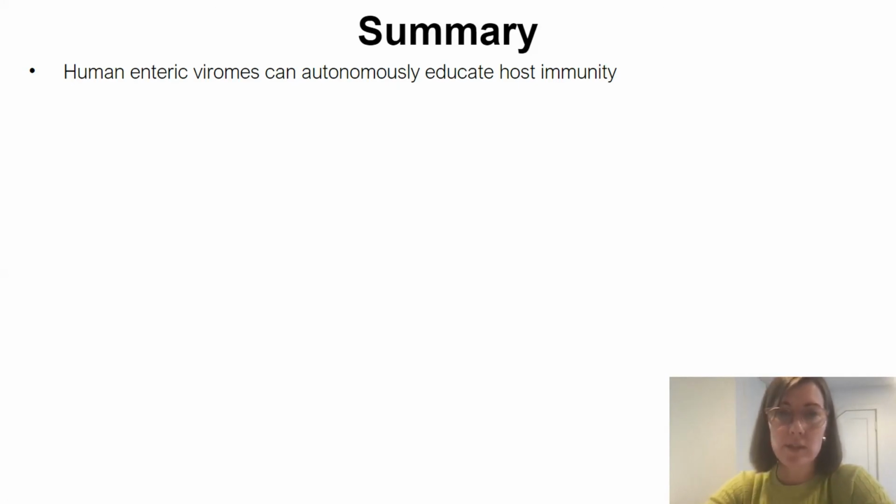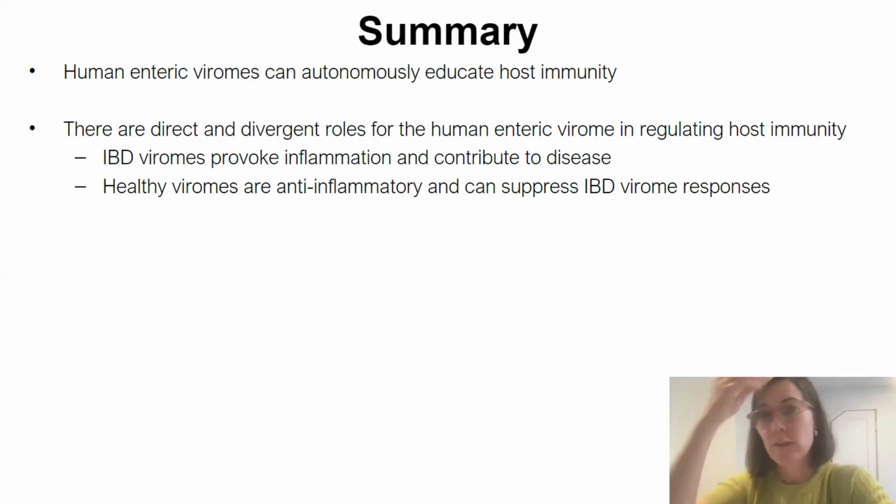In stark contrast, the IBD viruses very much provoked inflammation. So we can confidently say from the human macrophage experiments that, in a reductionist system, viruses on their own can trigger inflammation. The IBD viromes trigger inflammation.